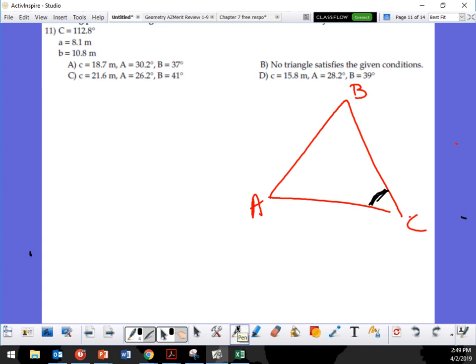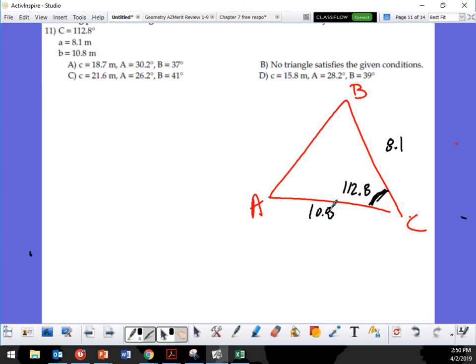So let's put in our values. All right, let's see. So big C was 112.8, a is 8.1 and b is 10.8. So law of cosine, that means the only thing I can solve for here is little c.